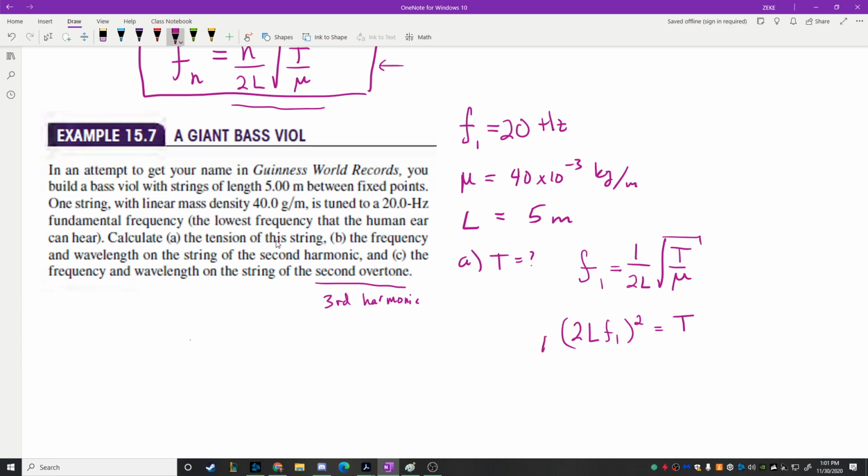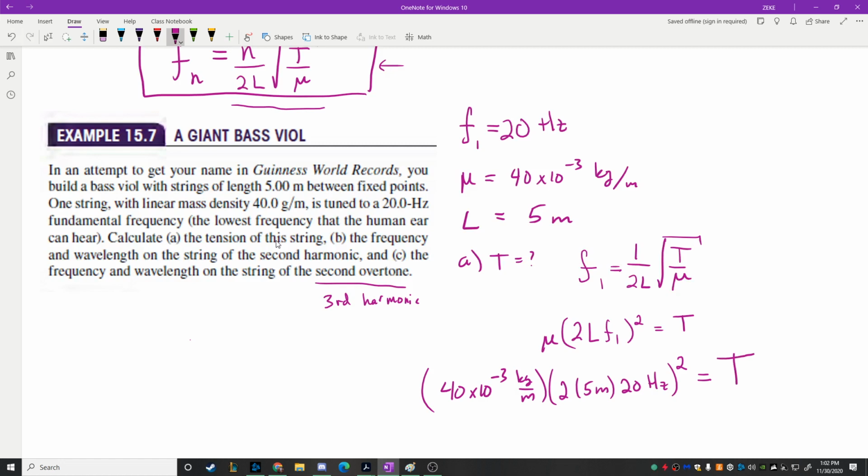So then we multiply this by mu like this. So we'll get 40 times 10 to the negative 3 kilograms per meter, multiplied by 2 times the length, which is 5 meters, times the fundamental frequency, which is 20 hertz. We're going to square that. This is going to give us tension.